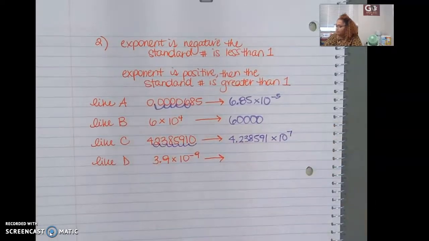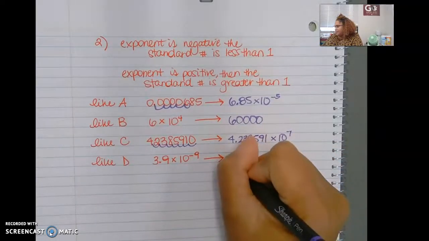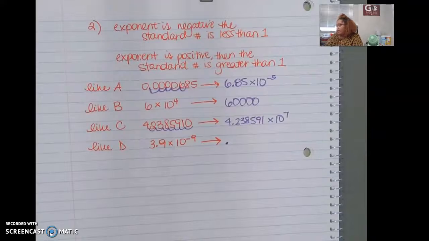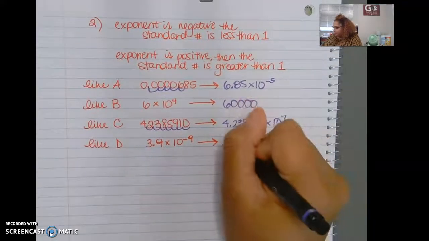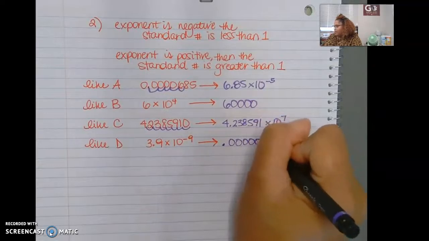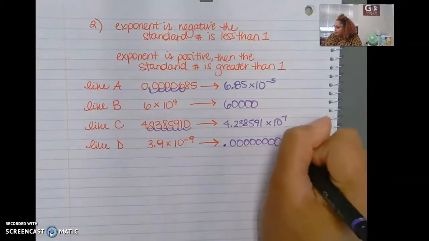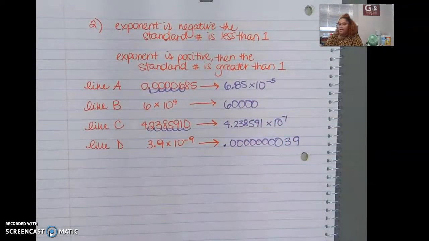It's 7. And the last one? How many zeros after the decimal? No, it's not 9. 8, because you have to leave a space for the 3. All right, those are the examples for that.